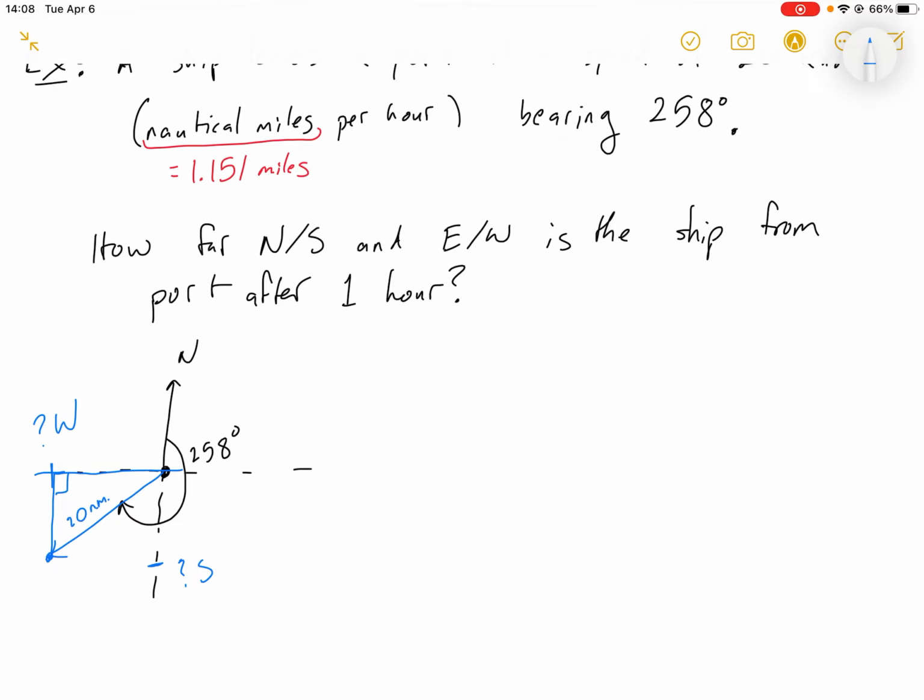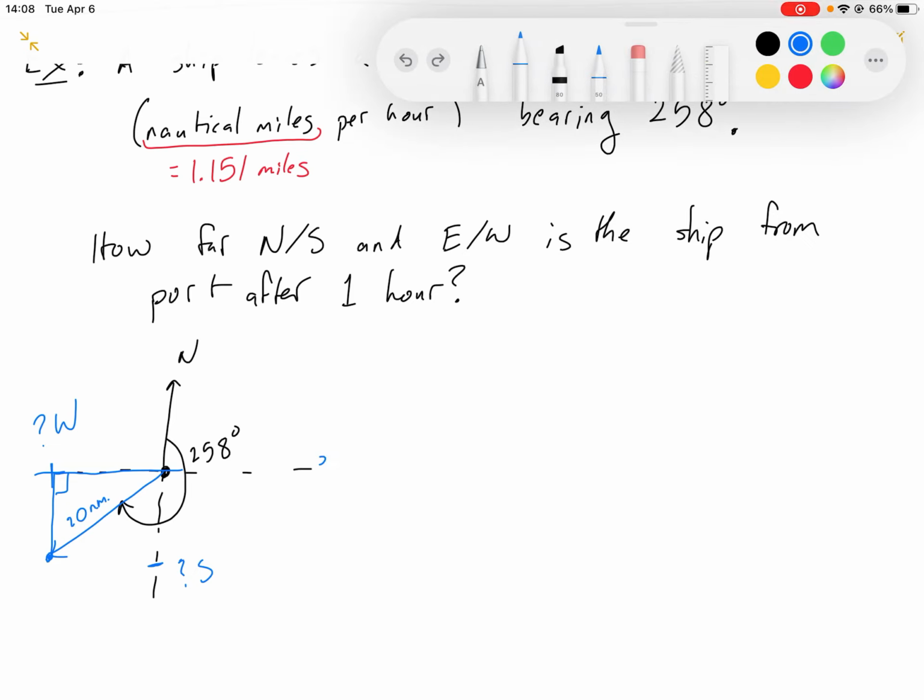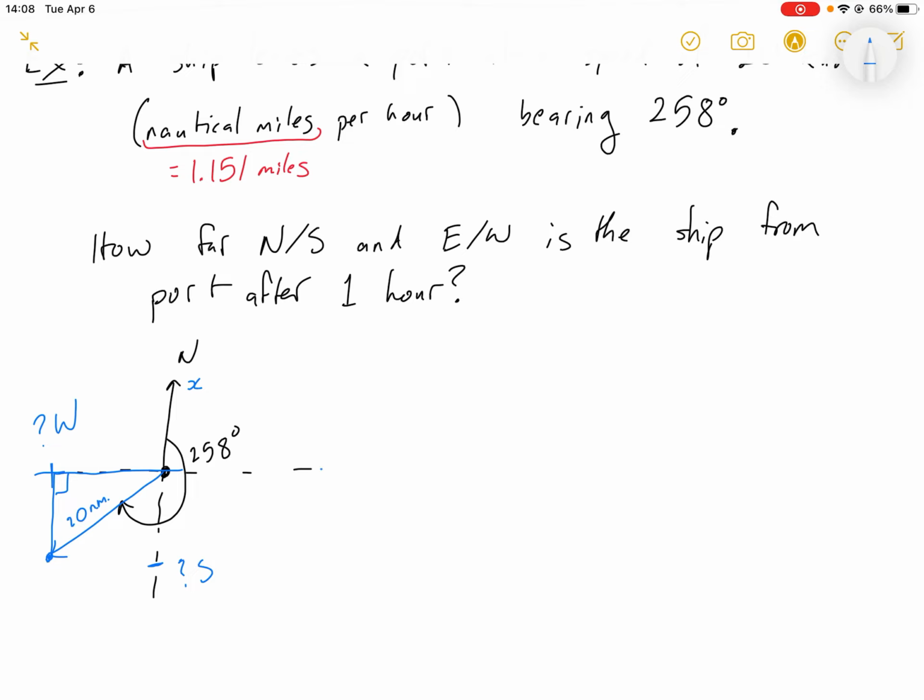So rather than measuring from, usually we think of this as the x-axis and this is the y. Since we're measuring from north, I'm going to actually flip this and we're going to just assume for our purposes that this is the x-axis and this is the y. So if we were to redraw this sketch, we could say x and y, and then this is the north direction.